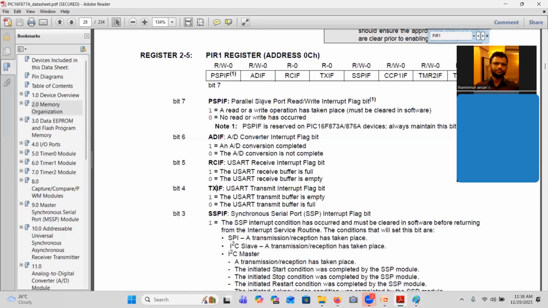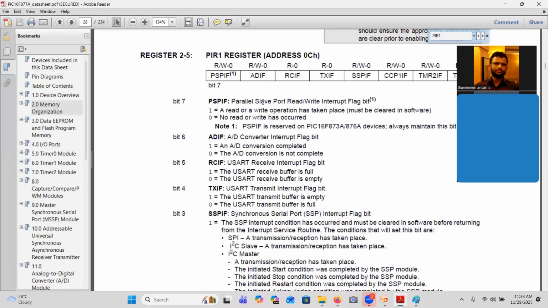That means whatever I want to display, I send the data in a parallel way, byte by byte, one byte at a time. As it is a parallel port, there will be 8 pins for 8 data bits, going to the 8 data pins of the LCD.